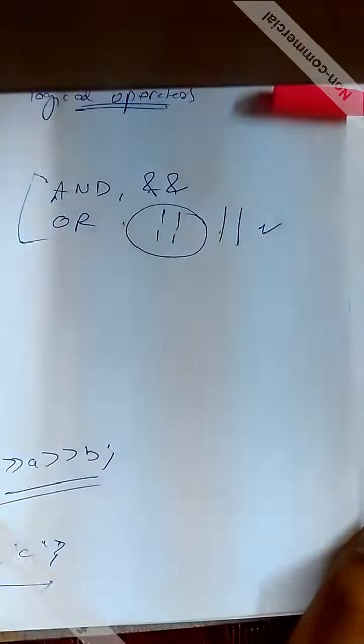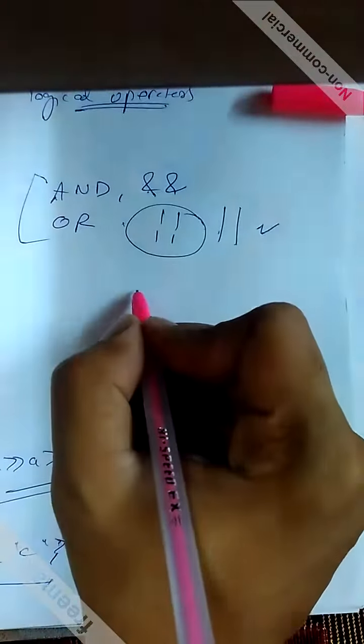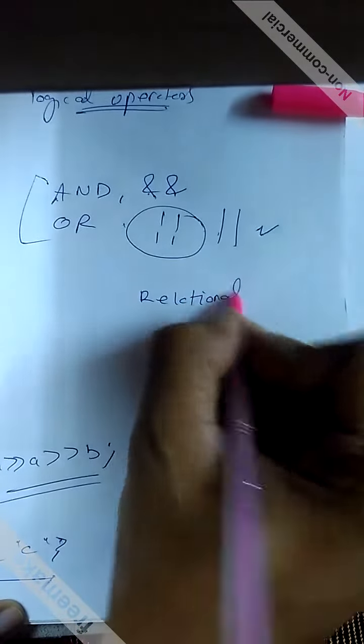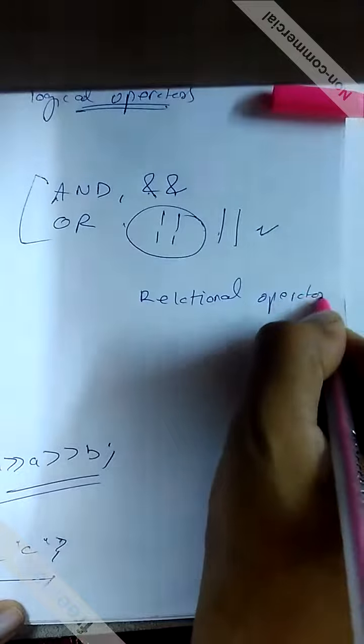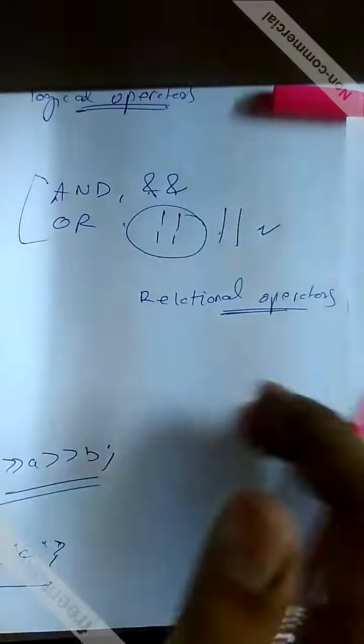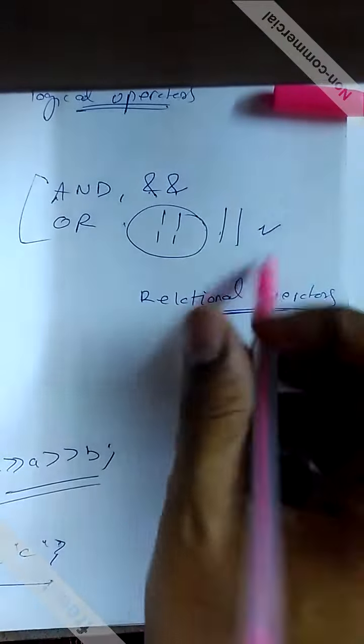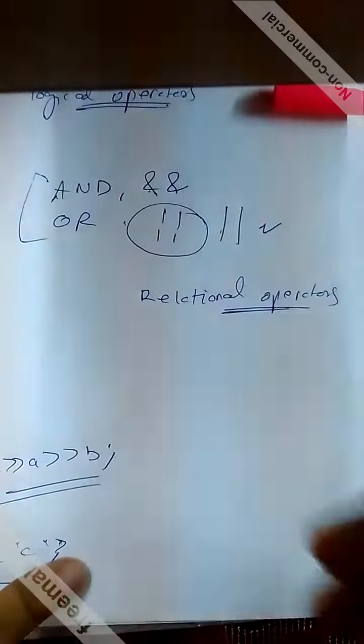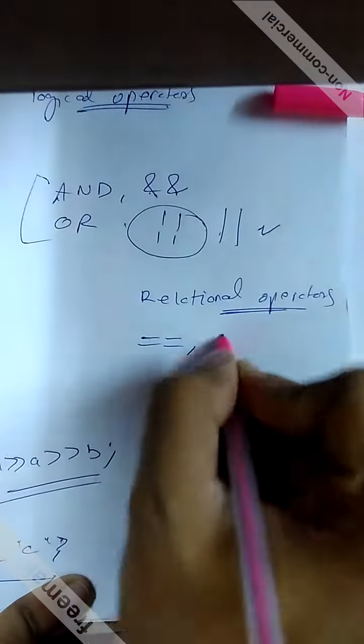We have some other kinds of operators also. First of all, the most important one are relational operators. So what are relational operators? Basically, relational operators deal with the relations, how two variables are related to each other. So we have the equal to operator.